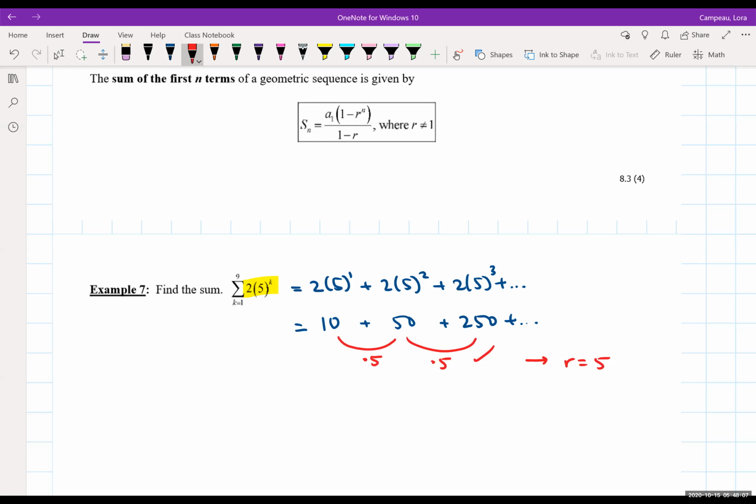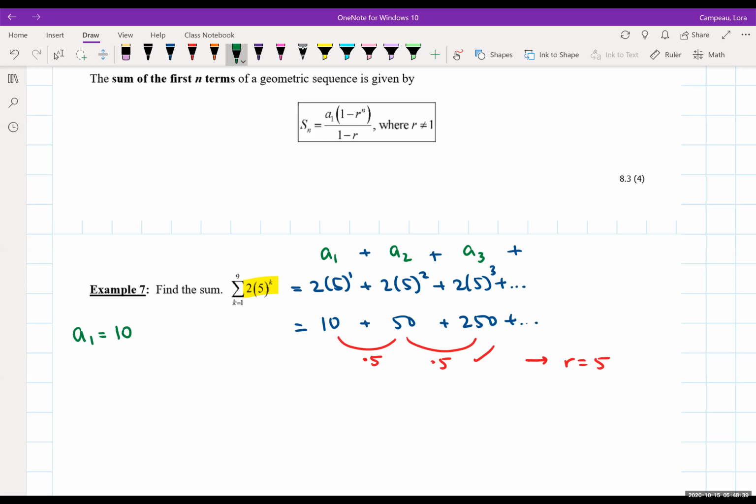What I've just done, so that you have an idea, is expand the first few terms to determine, first of all, do I have a geometric sequence? I basically found a sub 1, a sub 2, a sub 3, and if needed, you could see a sub 4, a sub 5 if you can't quite see the pattern. By looking at this expansion, I already figured out my first term, which is 10.